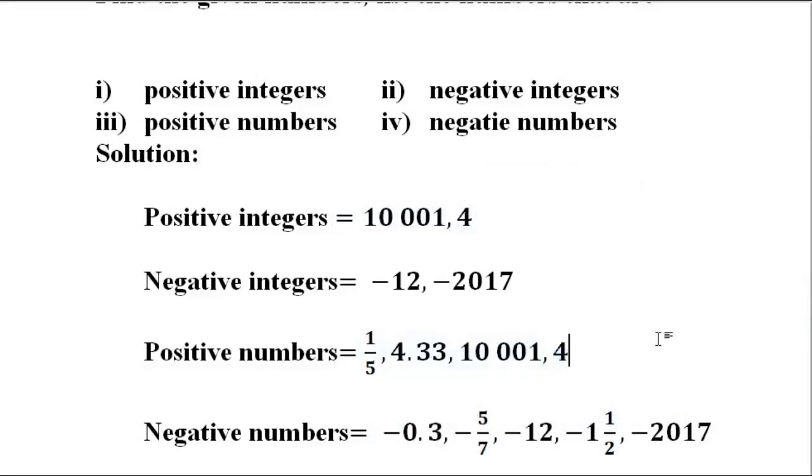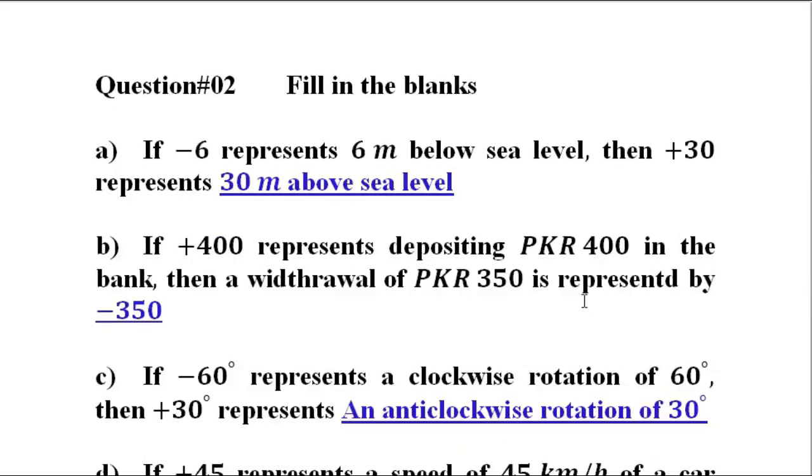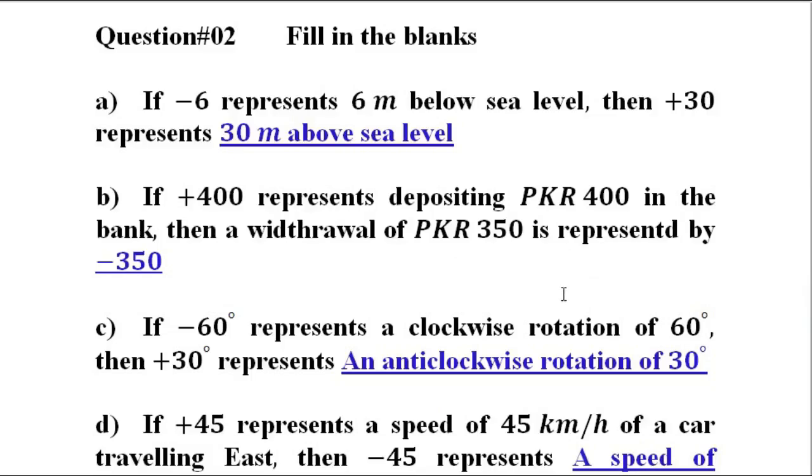Second question from this exercise is to fill in the blanks. First part from this question is, if negative 6 represents 6 meters below sea level, then positive 30 represents 30 meters above sea level. The answer to the question exists in the statement.